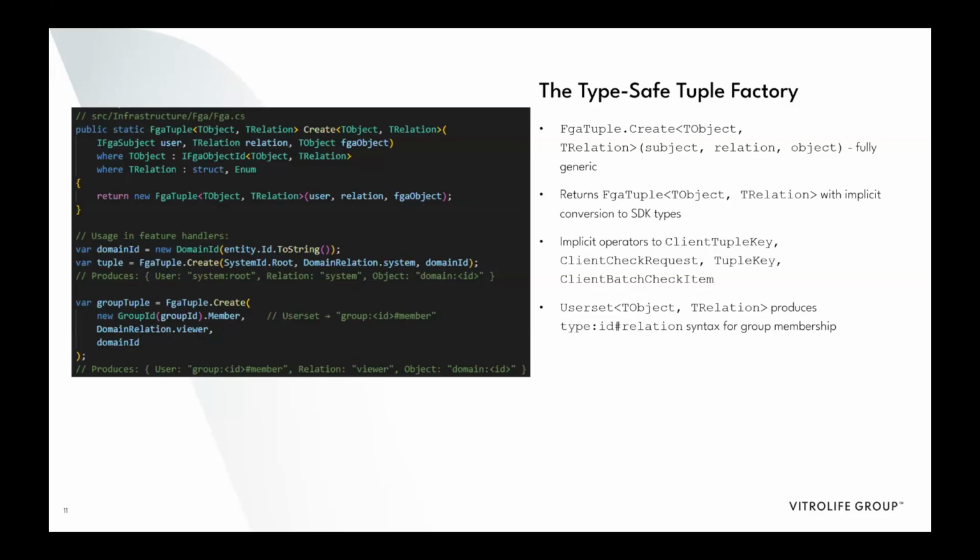I made it a lot more advanced in the beginning, and on each iteration I just made it simpler and simpler. So right now, this FGA tuple is very simple, and it can usually implicitly cast to the OpenFGA types from the .NET library. So we can easily use these typed FGA tuples with the OpenFGA client.